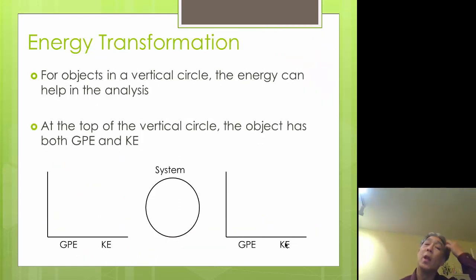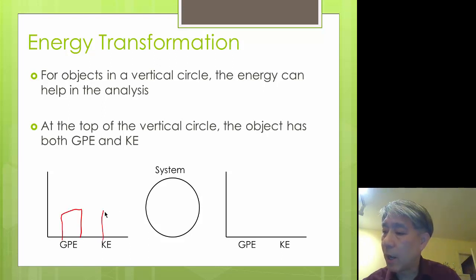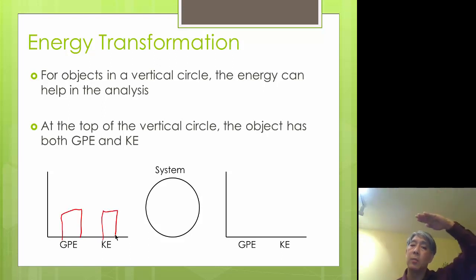Okay. So another aspect with objects that go in a vertical circle is that I can't easily calculate velocities at the top and the bottom directly. The easiest way of doing that is through conservation of energy. At the top of the circle, I'm going to have GPE and KE. Remember, it's higher, so it's going to have gravitational potential energy, and it must still be moving.